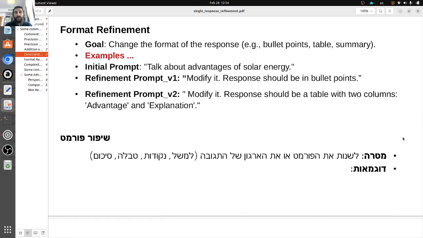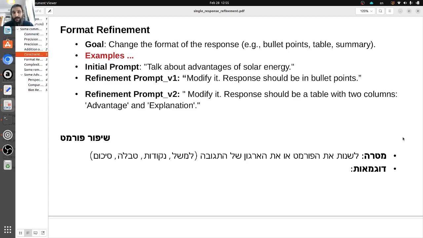The next refinement type that we are going to learn about is called format refinement, and as the name indicates, its purpose is to refine or modify the format of the response. On the screen we see 2 versions of a format refinement prompt.